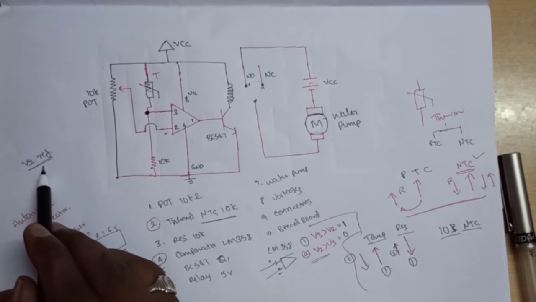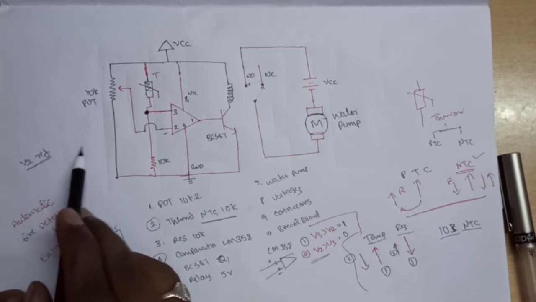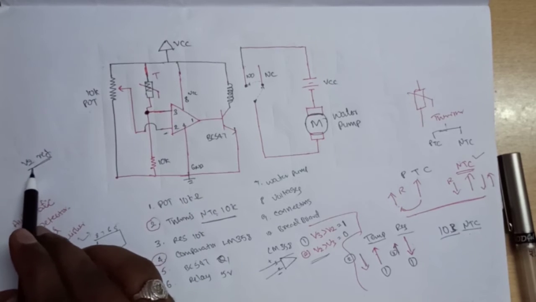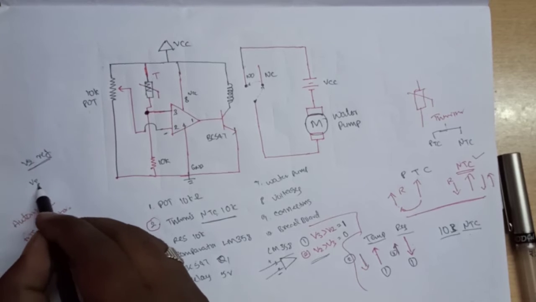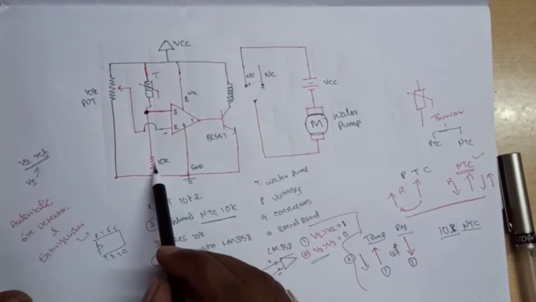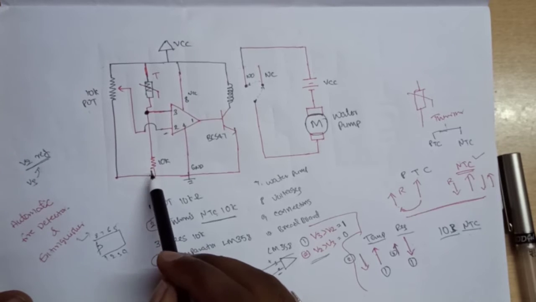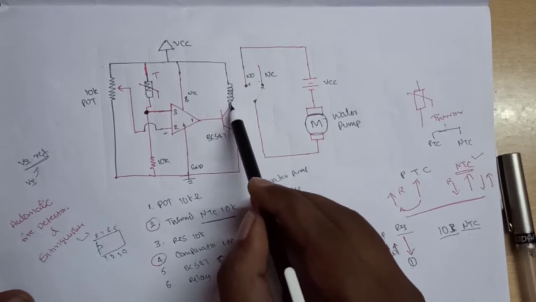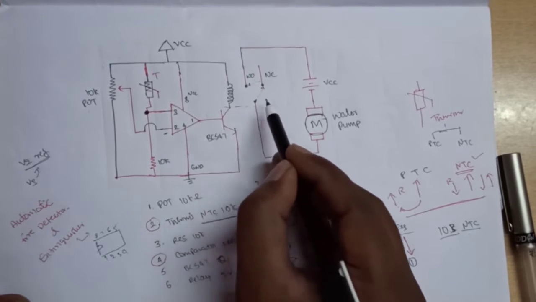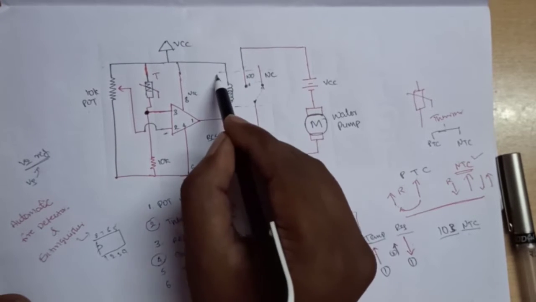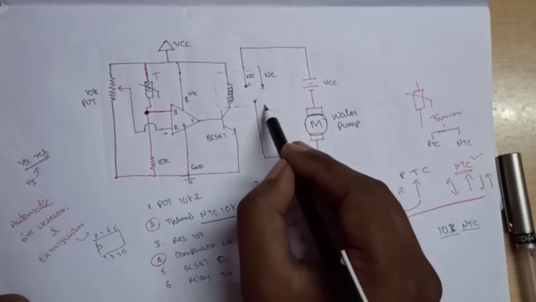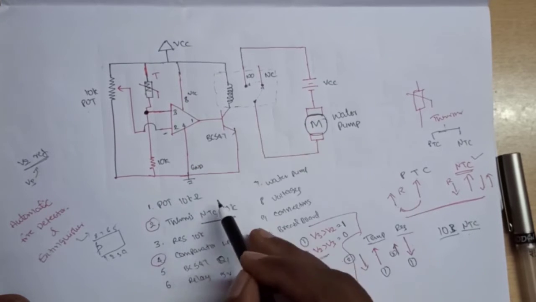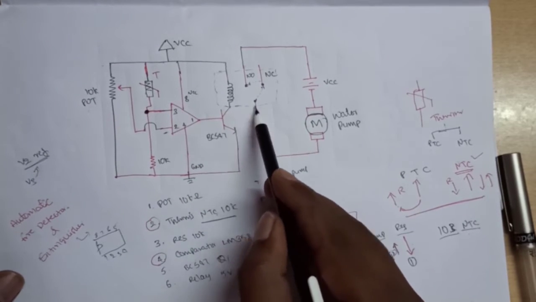The comparator compares the pin number 3 voltage with the reference voltage, that is, it compares V3 and V2. And this is the 10 kilo ohm resistance. Next, the transistor and one relay coil. This is the 5 volts relay coil. To switch on high load applications or AC loads, I am using one relay coil.